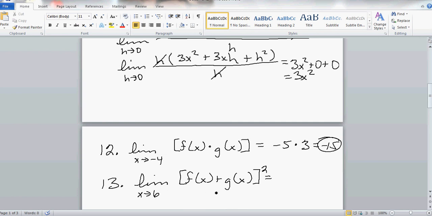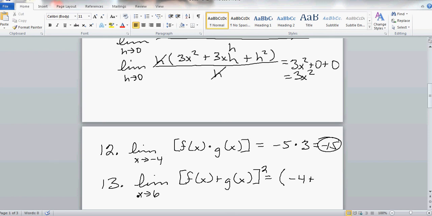We're doing a substitution, but we also have to do several other things in order to get the final correct answer. And so here we go with this. First of all, what's the limit as x approaches 6 of f of x? According to the problem, that's -4.